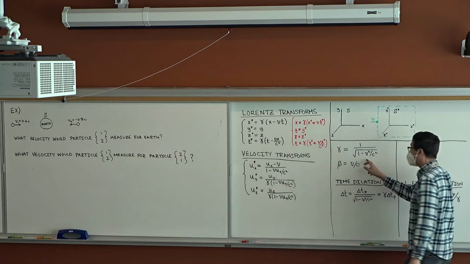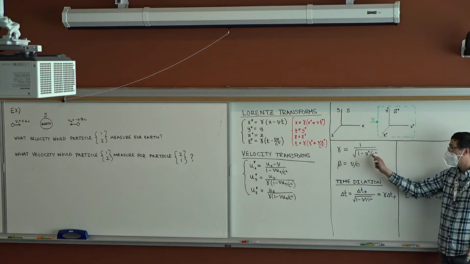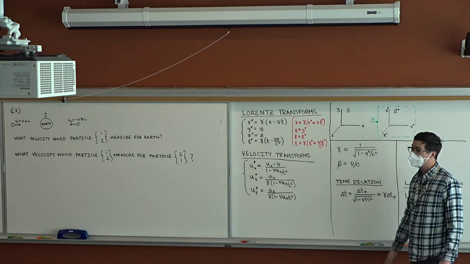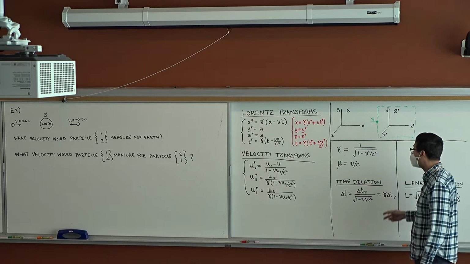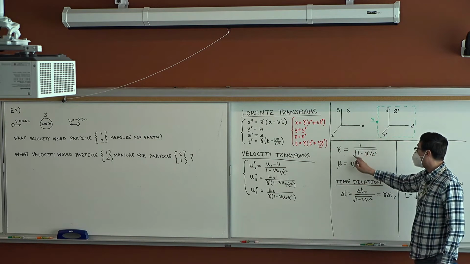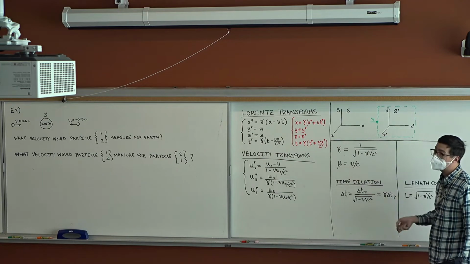Now's a good time to state that gamma is 1 over the square root of 1 minus v squared over c squared. Sometimes you'll see this written, because I'm lazy and I try to shorthand as much as I can, as gamma is 1 over the square root of 1 minus beta squared, where beta is v over c.